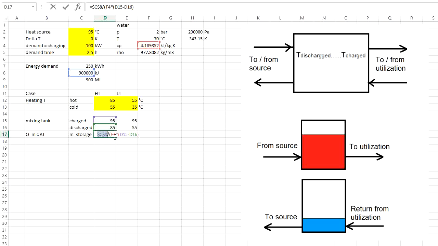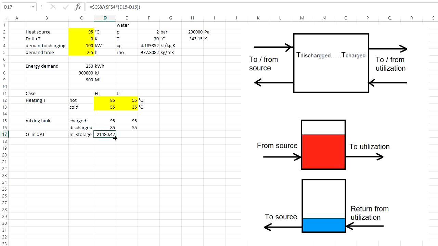Let's also look at the parameters common for both cases, and get the brackets divided by this whole, yes, like this. So we get a value of 21,000 kilograms.